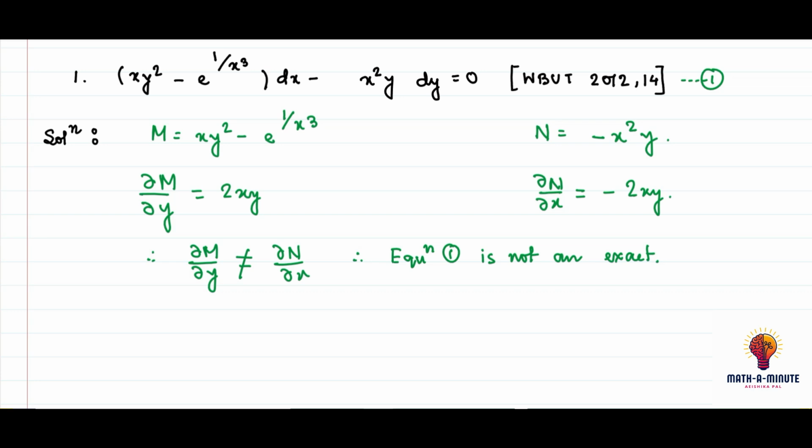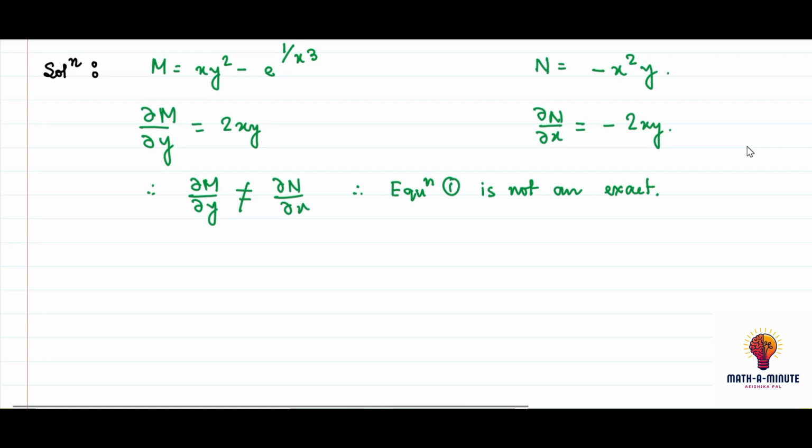Now we have to find an integrating factor. If we calculate the difference, it will be del M del y minus del N del x. So what will be the value of this difference?